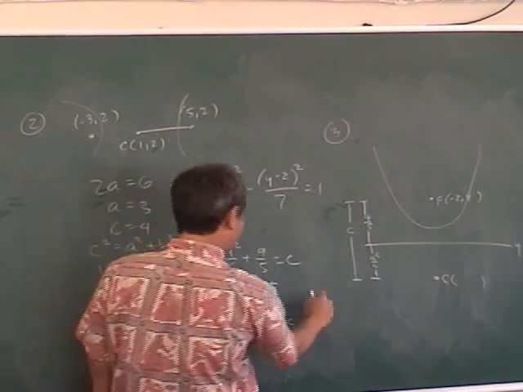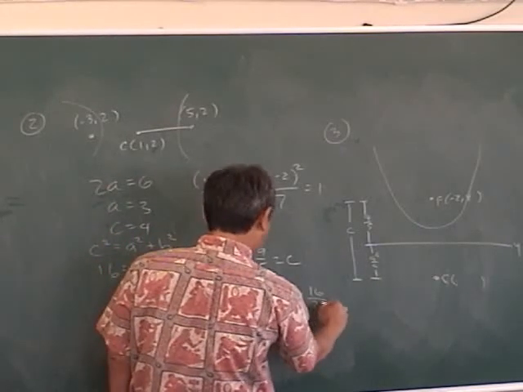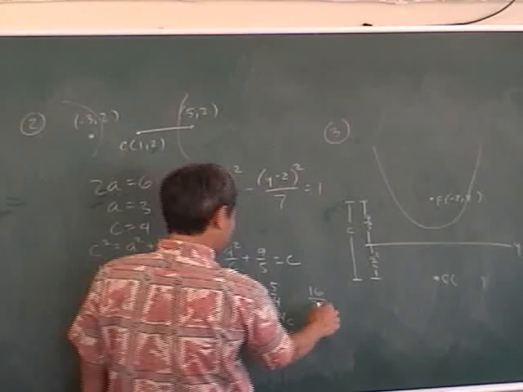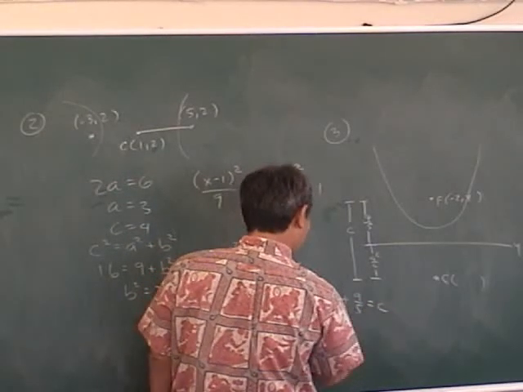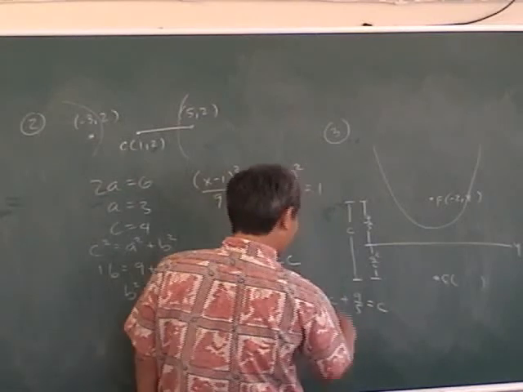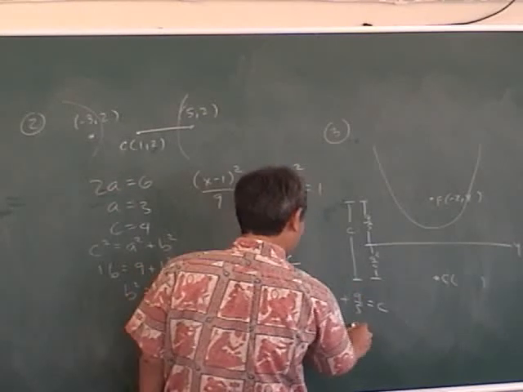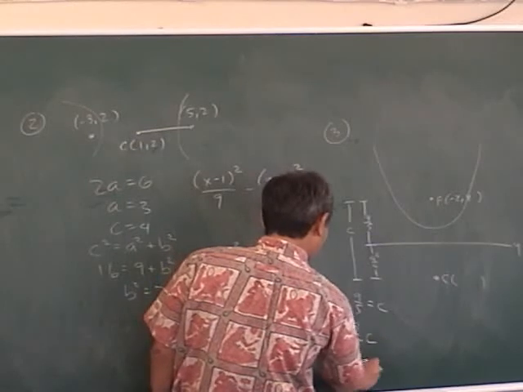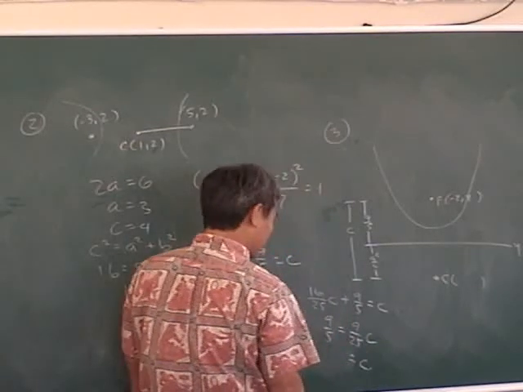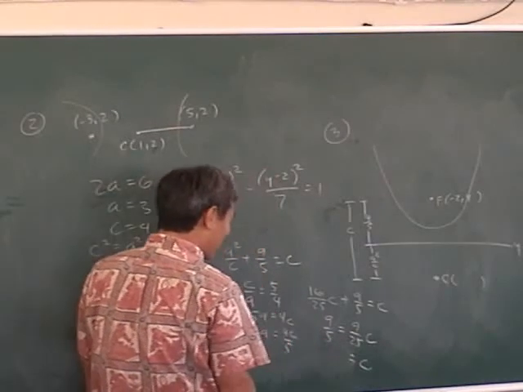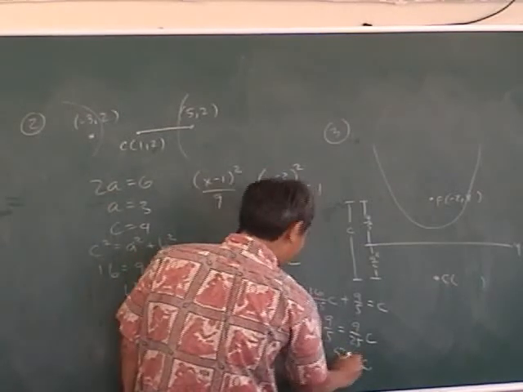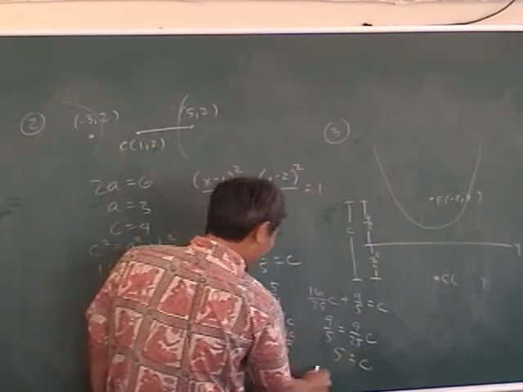So that's going to be 16 over 25 c squared divided by c, which is just c, plus 9/5 equals c. So 9/5 is equal to c minus 16/25 c, which is 9/25 c. Therefore, c equals 5. Look, it comes out beautiful. Which means, of course, a is 4.